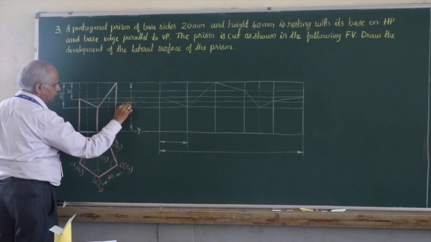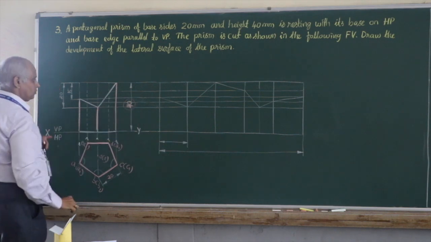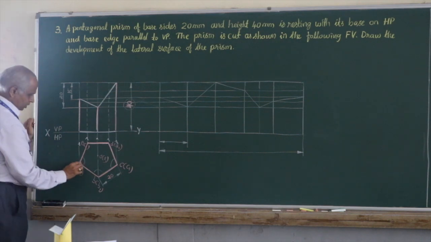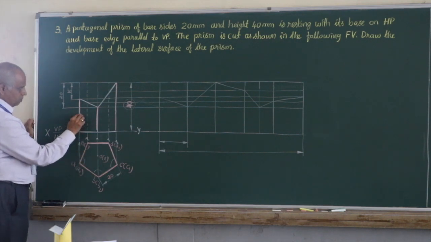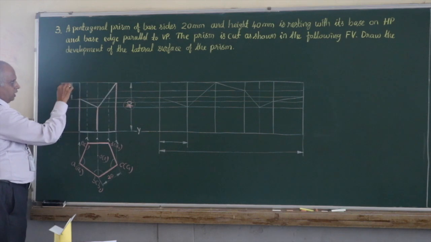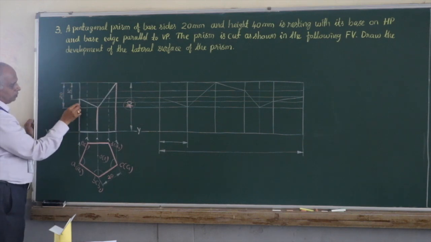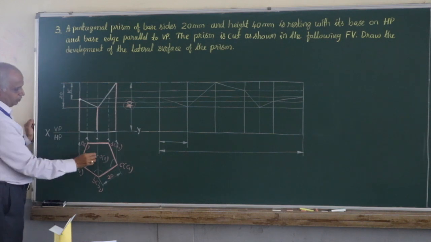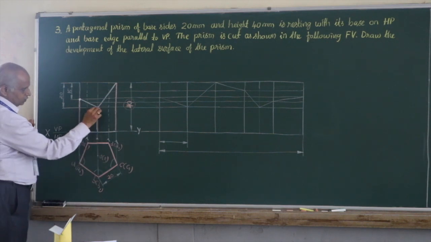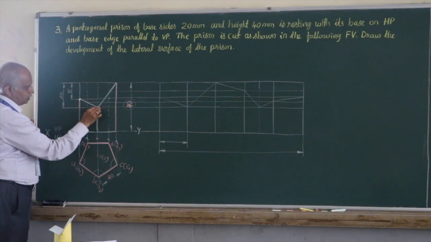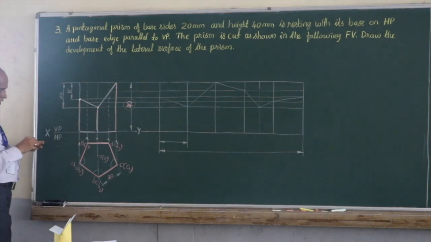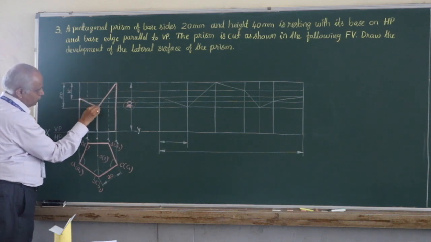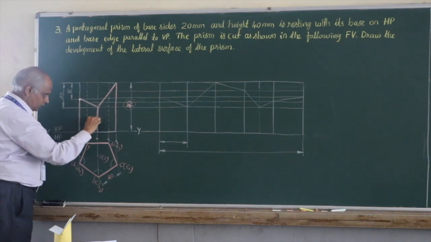This is 40. Then when you take the projector from here, remember, from 40 he says come down by 15 mm, you get this point. And on this line, come down by 20 mm, you get this point. Therefore, you are in a position to complete the solid in front view to the scale.